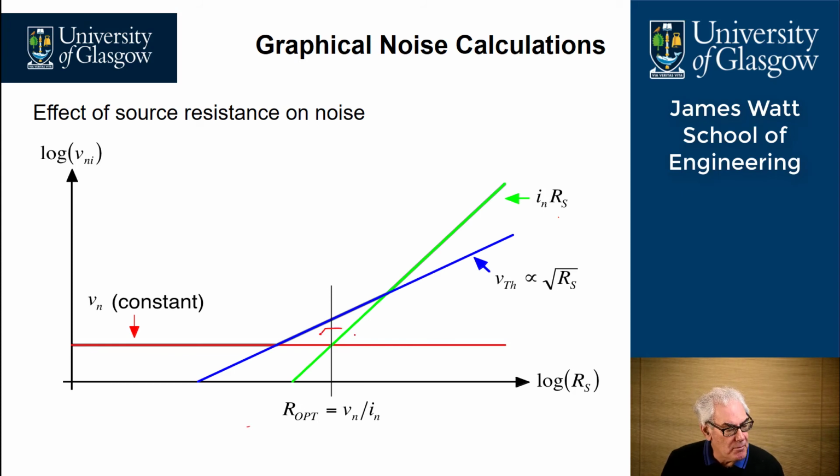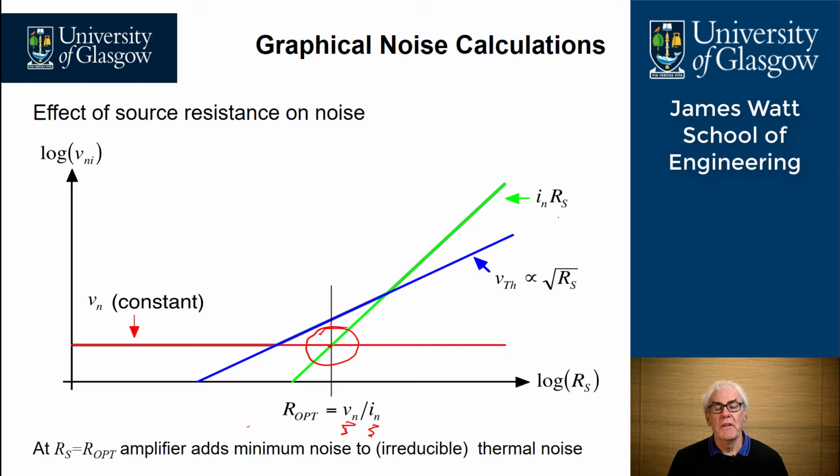We find that the optimum source resistance for noise performance for a given amplifier is when the noise voltage divided by the noise current for the amplifier, which gives a noise resistance, is at that point there. So we take the noise voltage from the datasheet, divide it by the noise current from the datasheet, and we come up with the most appropriate point to operate an amplifier for lowest noise.